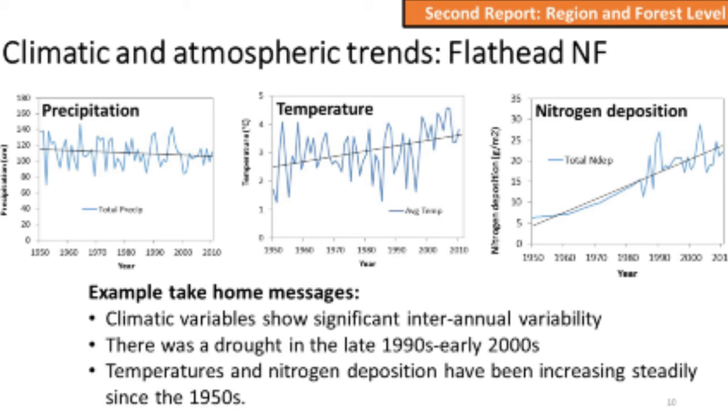And so basically you can see a trend for precipitation, although not much of a trend in the Flathead. Trend in temperature, which is a little bit more pronounced in this forest, and certainly a trend in nitrogen deposition. So, we use this in assessing the factors that influence carbon storage, but it might be interesting in other types of monitoring as well.